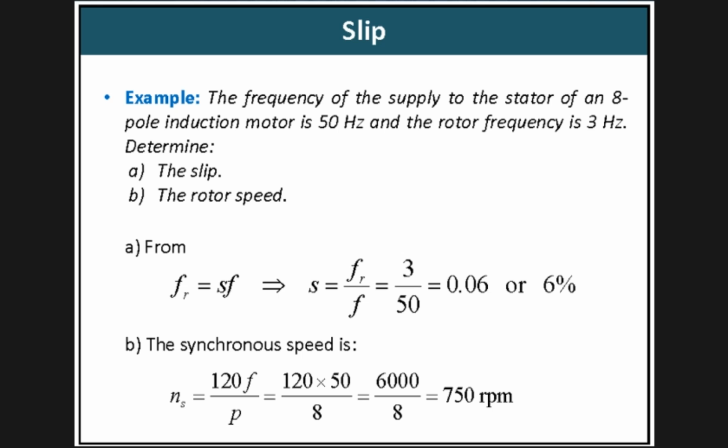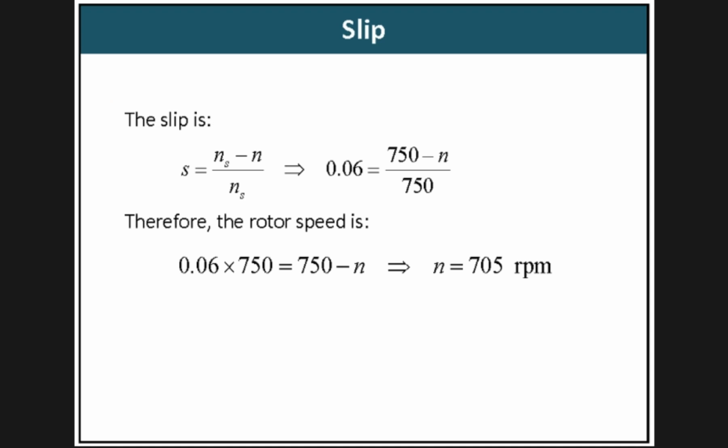For that we have to find synchronous speed. Synchronous speed is 120 F over P, so it becomes 750 rounds per minute. By using that value we can calculate the speed of the rotor using s equals ns minus n over ns. So then n will be 705 rounds per minute. So one more calculation.